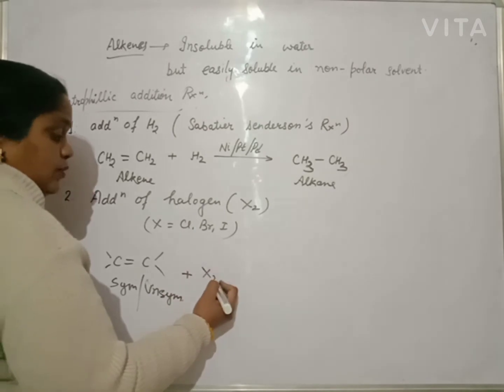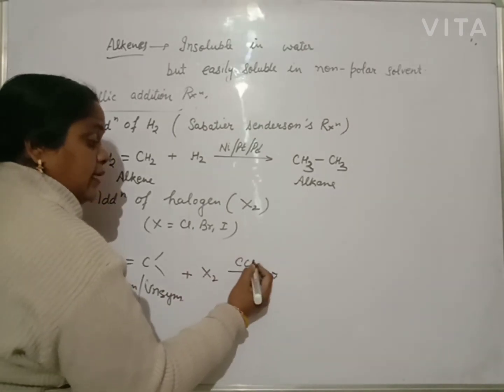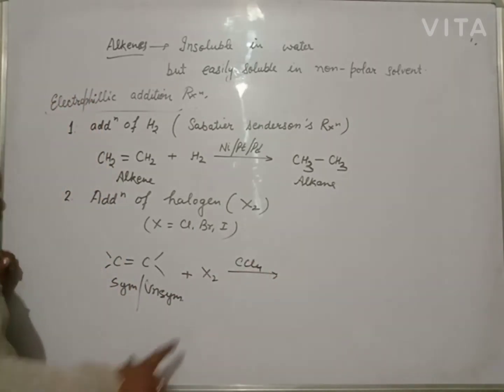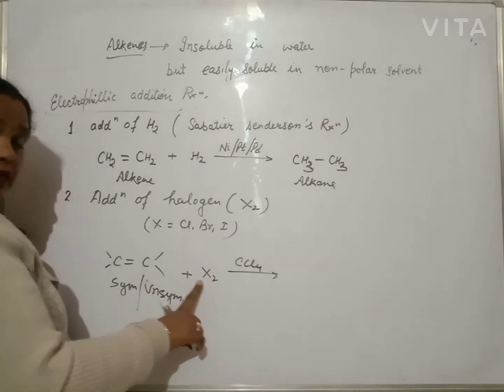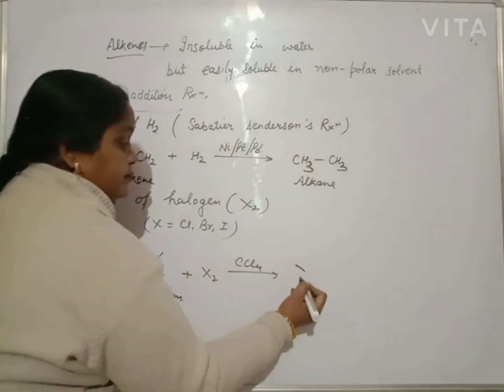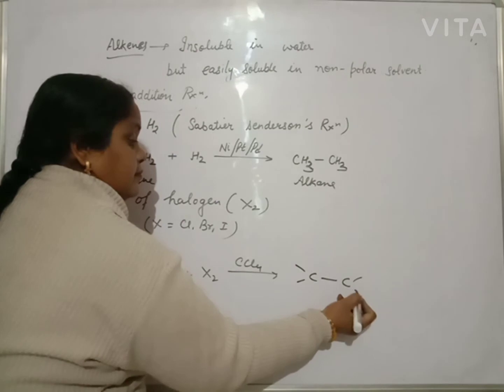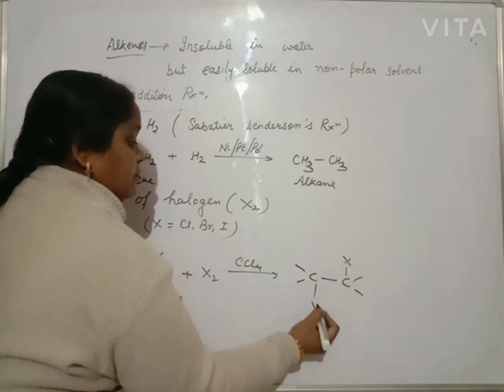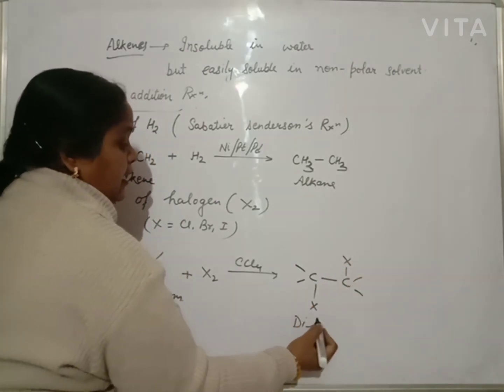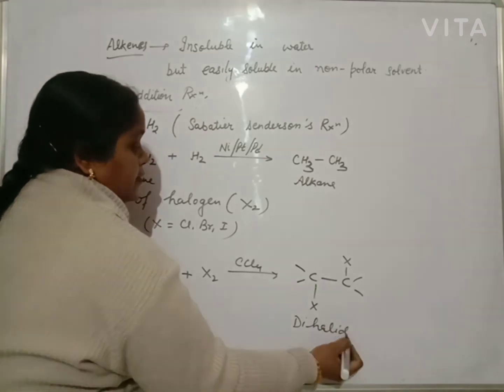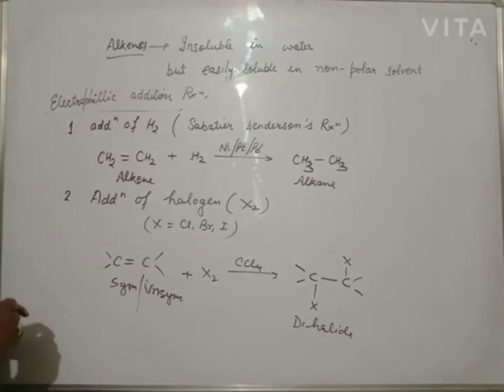We will add the halogen in the presence of carbon tetrachloride. This is symmetrical. It will break the pi bond and adjust itself. We will get a dihalide.